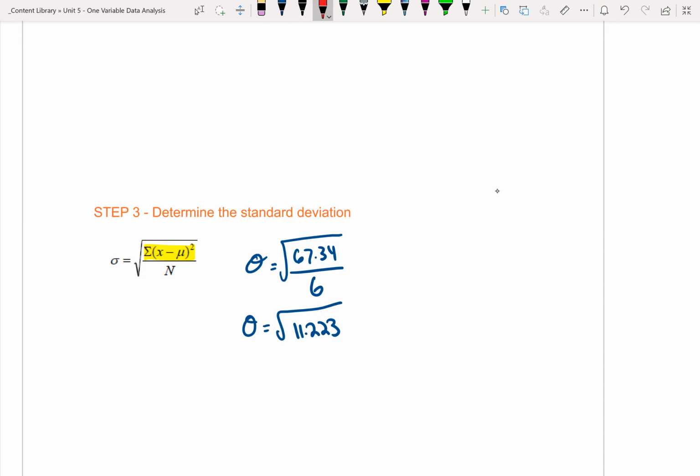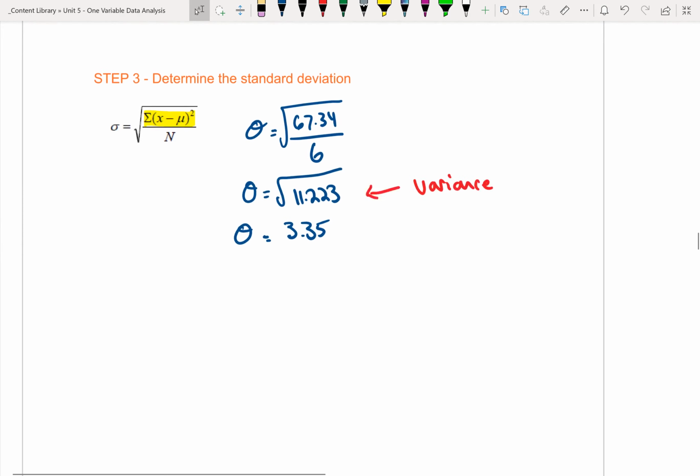And because we're not square rooting yet, this number is actually our variance. So just another measure. And so when we square root it, we get that our standard deviation is 3.35. So that's our standard deviation for Felix's work.